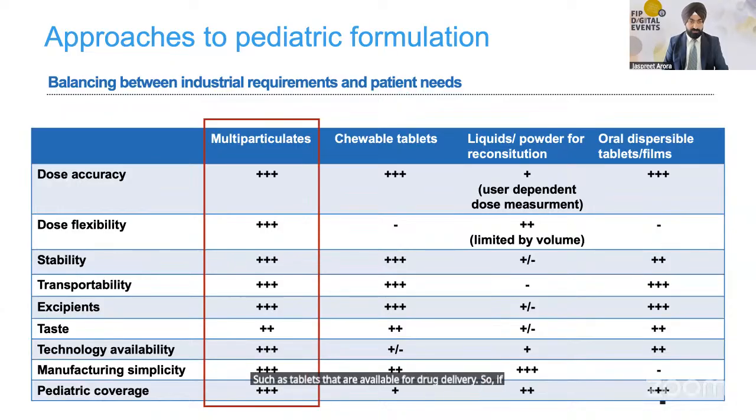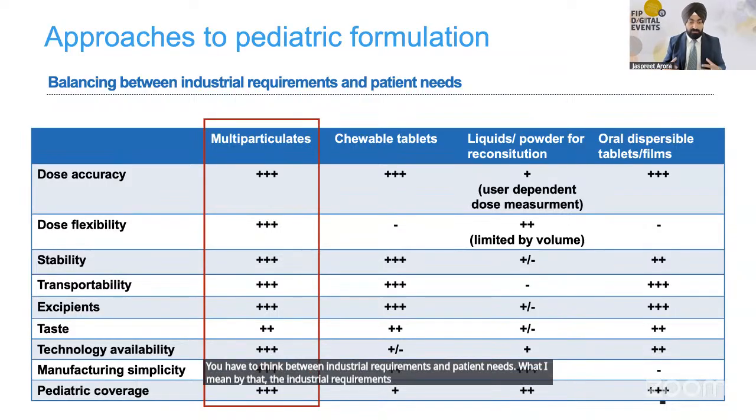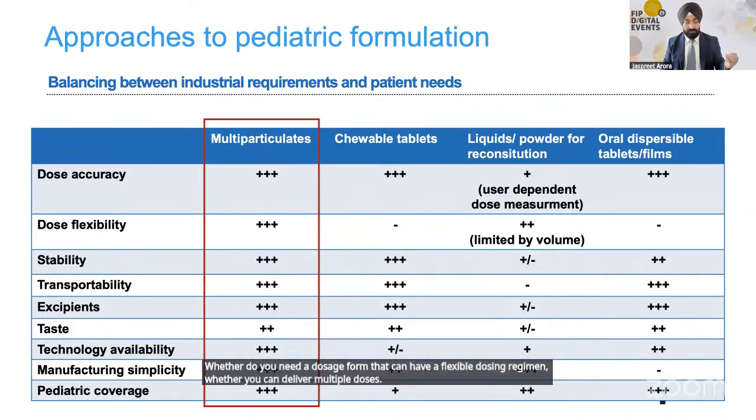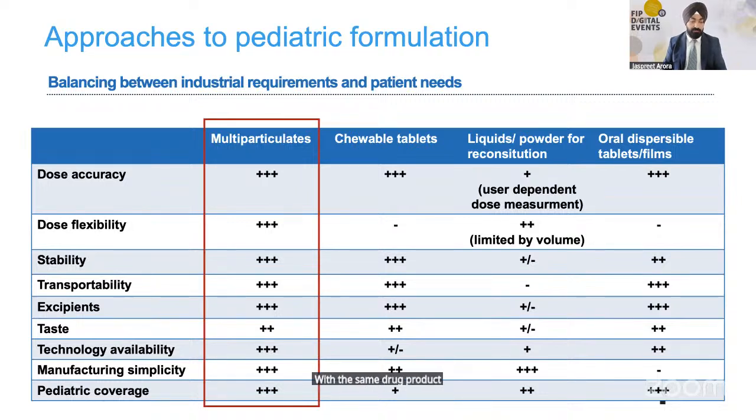So if you look at the different approaches to pediatric populations, you have to think between industrial requirements and patient needs. What I mean by that is, the industrial requirements may need you to be able to manufacture these with quality and precision, batch to batch. But then you also have to think of what the patient needs are. Do you need a dosage form that can have a flexible dosing regimen, whether you can deliver multiple doses with the same drug product intermediate, how much stability or transportation issues will you face?